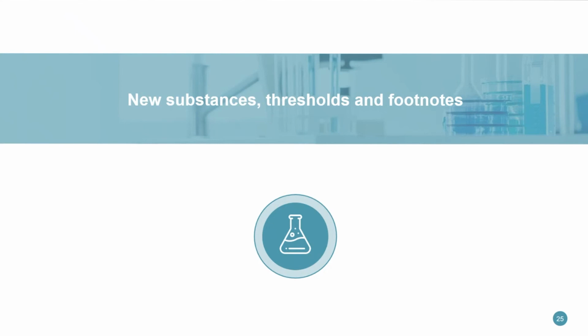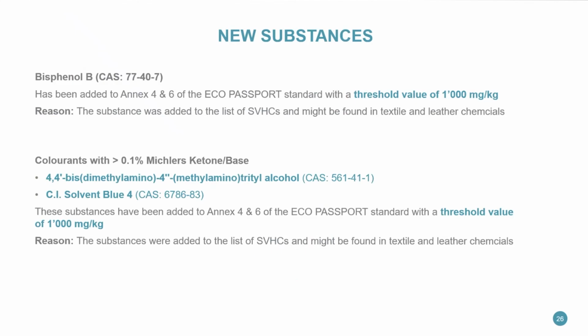But for the ECO Passport, the changes are very similar to Standard 100 and Leather. First of all, bisphenol B and the colorants with more than 0.1% Michler's ketone and base were added with a limit value of 1,000 milligrams per kilogram. And again, these were added due to the addition in the SVHC list.